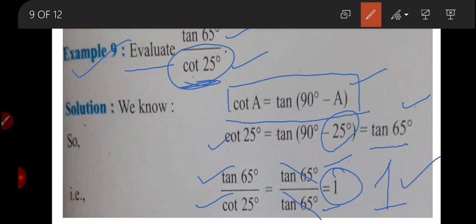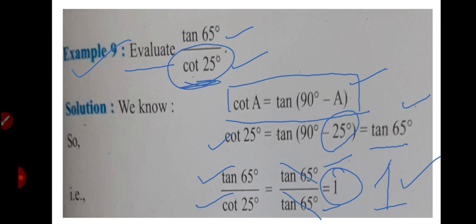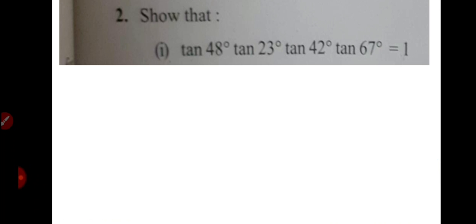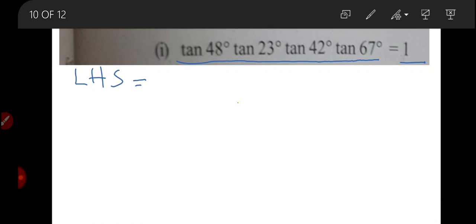Next, left side is equal to right side, we have to show this left side is equal to 1. So we should write tan 48 degree in terms of cot, and tan 23 degree in terms of cot.